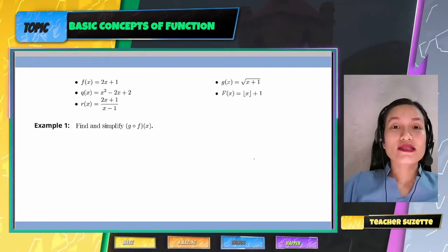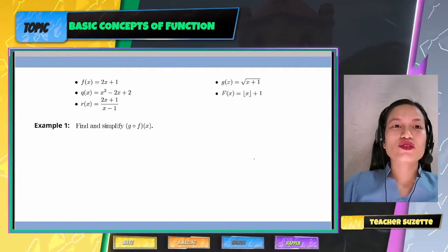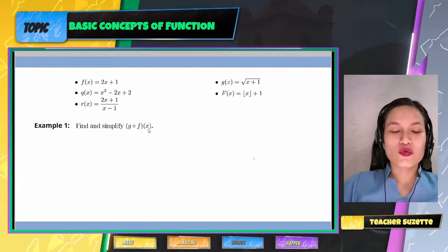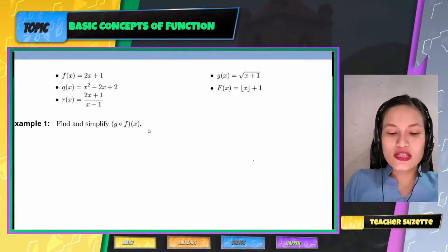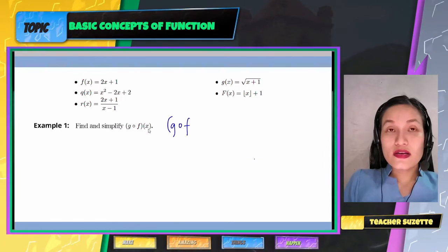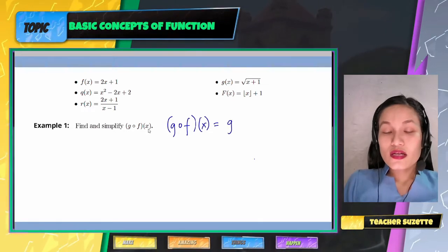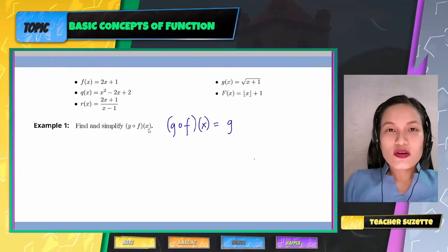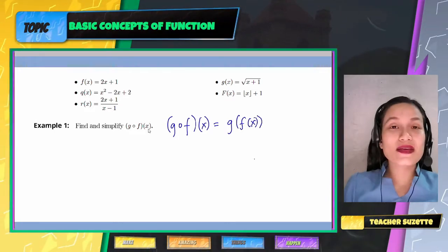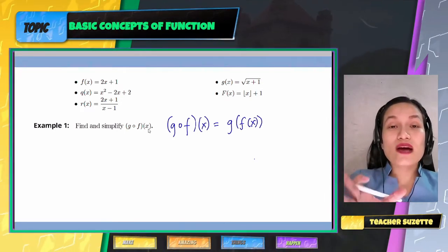So let's have example number 1. We are to find and simplify the composite function of g with f of x. By the definition, the composite function g with f is equal to g of f of x. This means the inner function is f of x, and we replace it in the outer function.